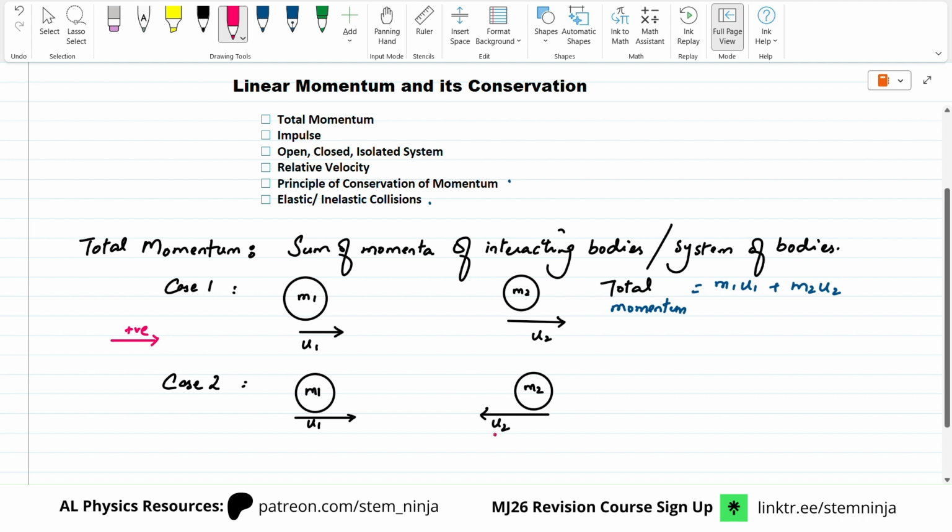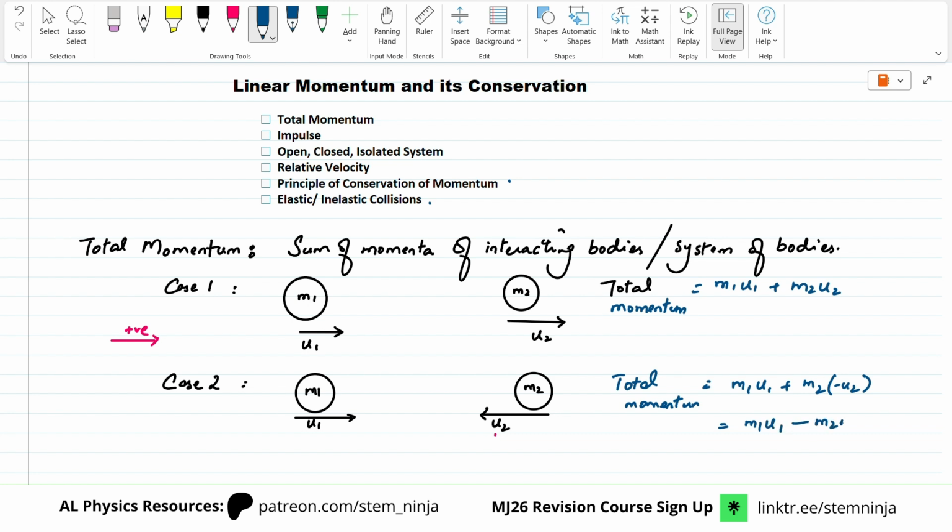So U2 in that perspective would be negative. So total momentum would be M1 U1 plus M2 times minus U2. When you simplify this, this becomes M1 U1 minus M2 U2.